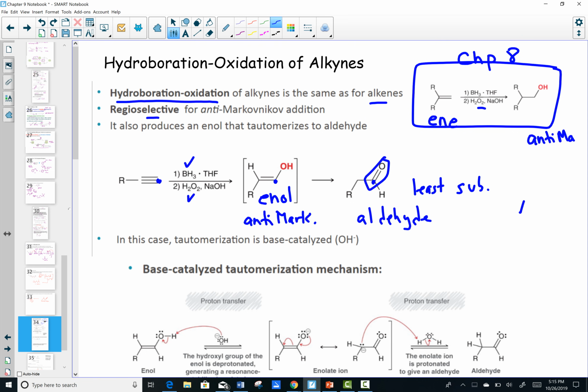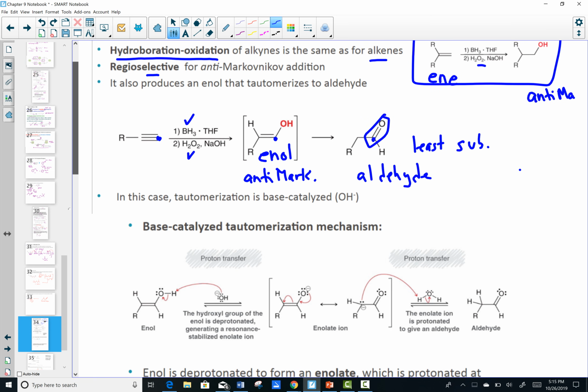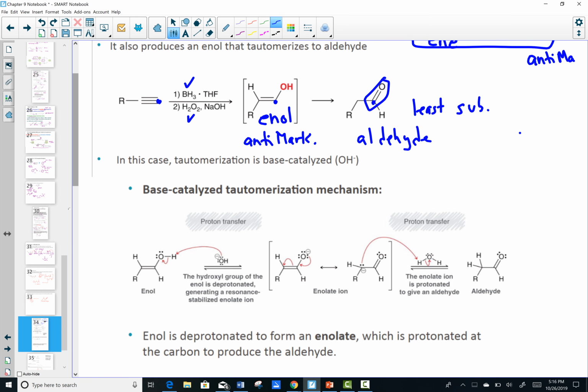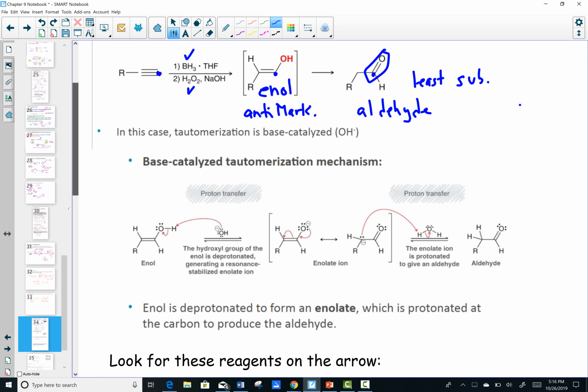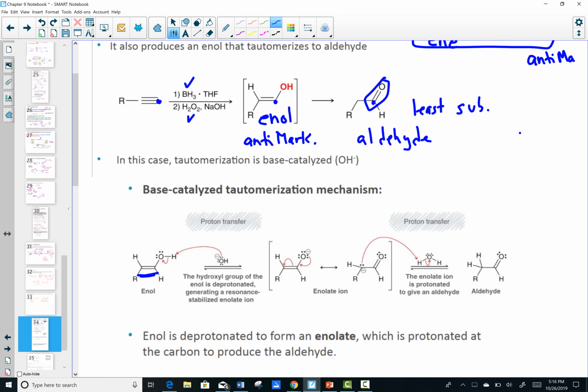If I had produced a ketone, it would be interior in the carbon chain, but since it's at the end position, we call it an aldehyde. And this occurs through the same type of tautomerization, but it's base catalyzed. So with this particular structure, it tautomerizes between the enol and the aldehyde that's produced.